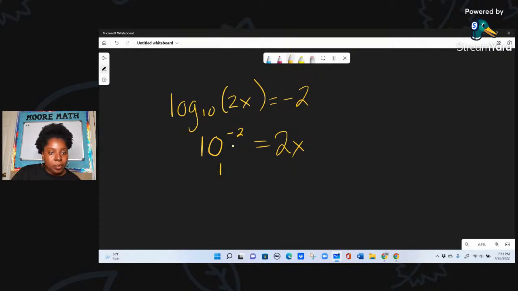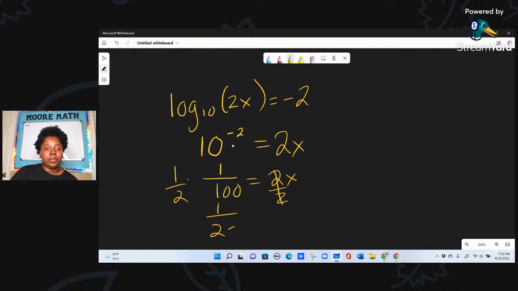It would be 1/100 equals 2x. Then divide it by 2 or times it by half, and you get 1/200. X equals 1/200.